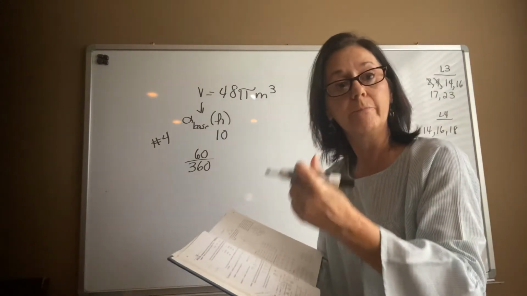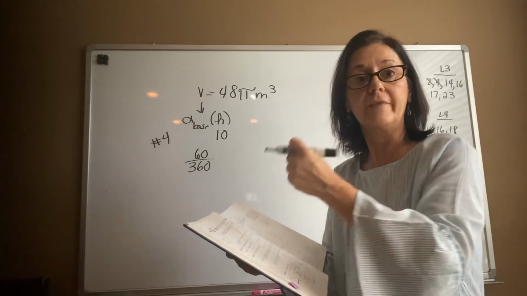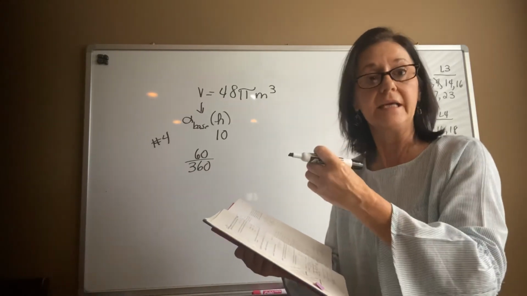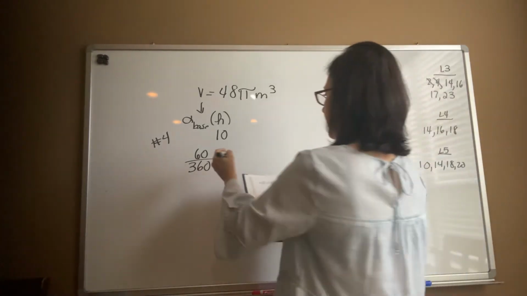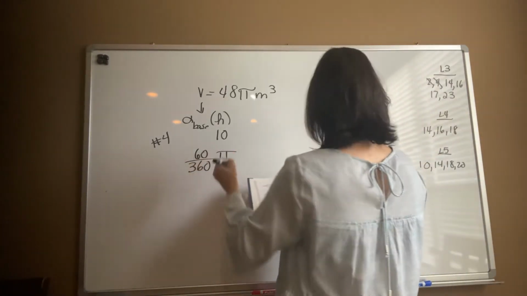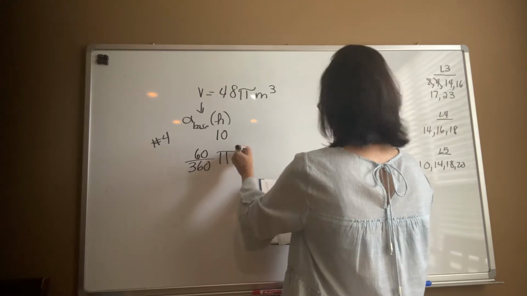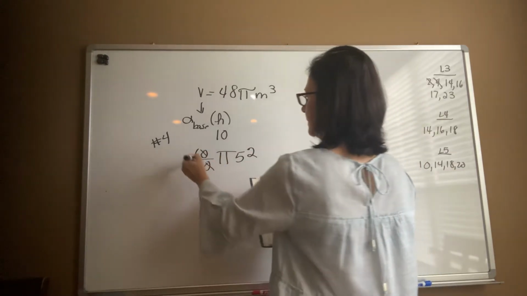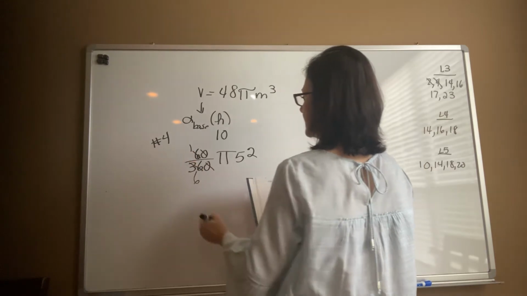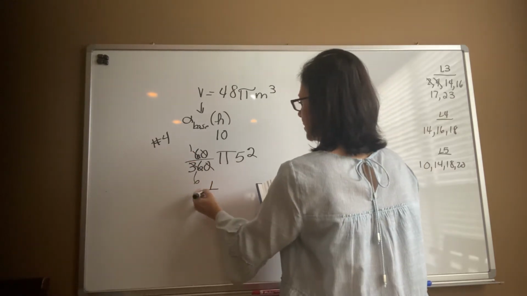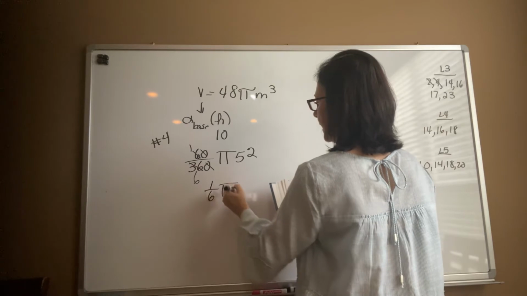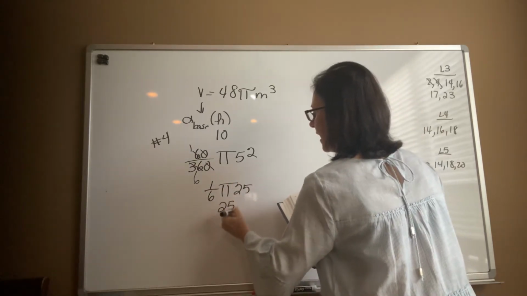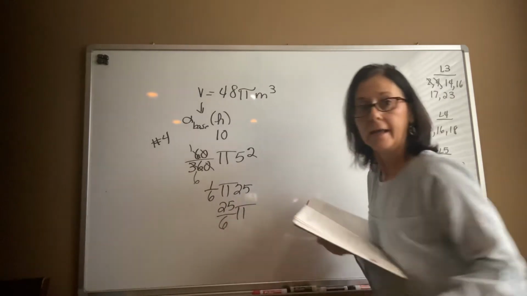So it's a portion of the circle, and that portion is that central angle over the 360 times the area. So the area is pi, r is 5 squared. I can simplify that. That's 1, that's 6, that's going to be 25. So it's 1/6 pi 25, or 25 over 6 pi.